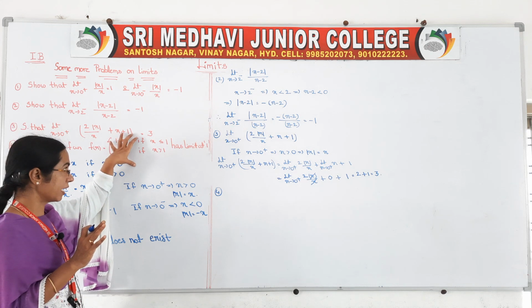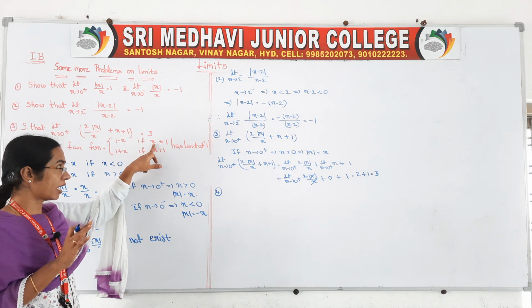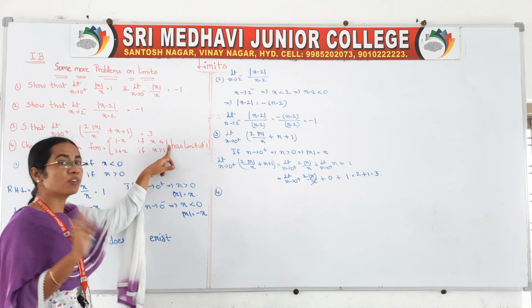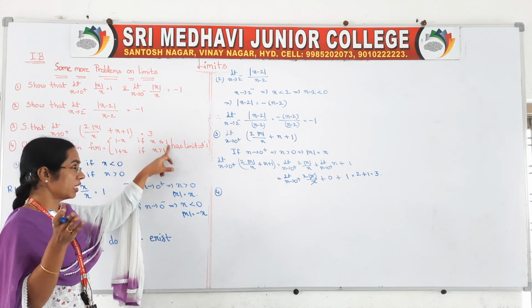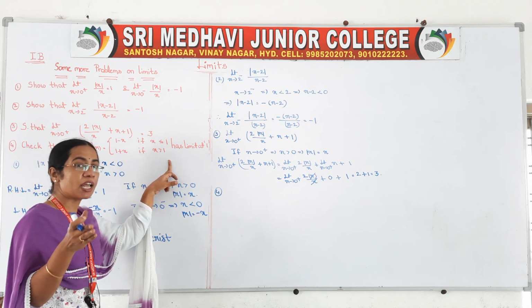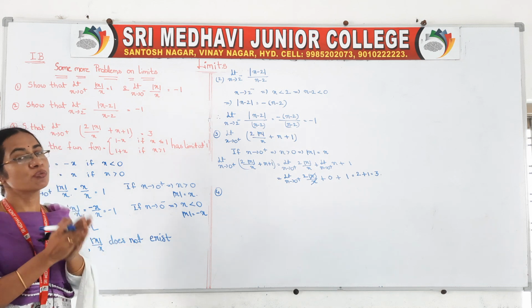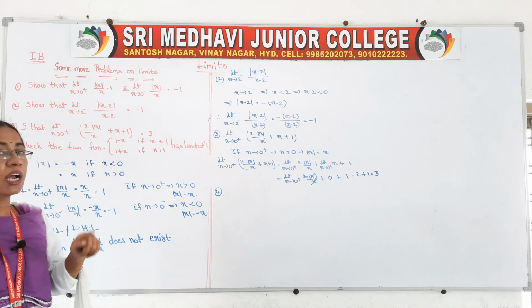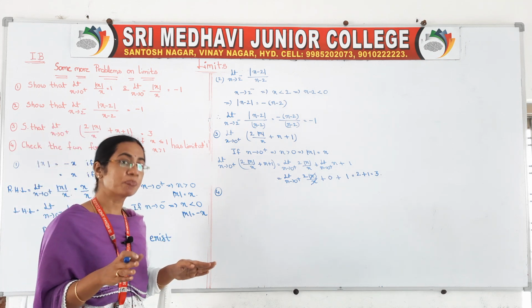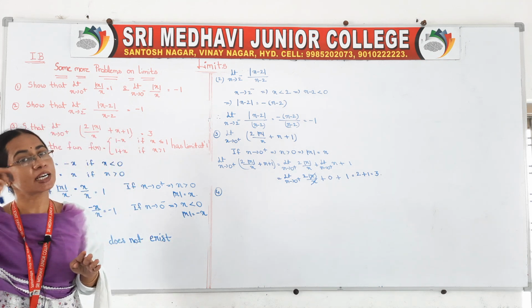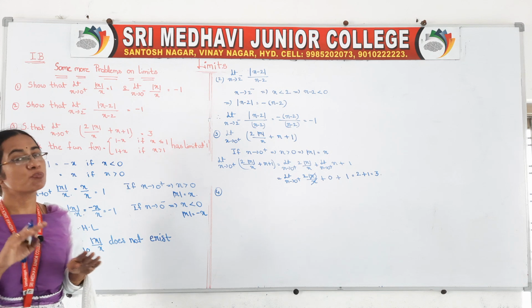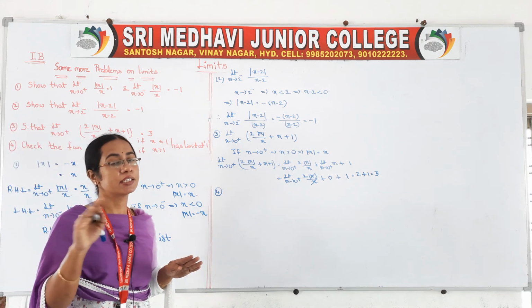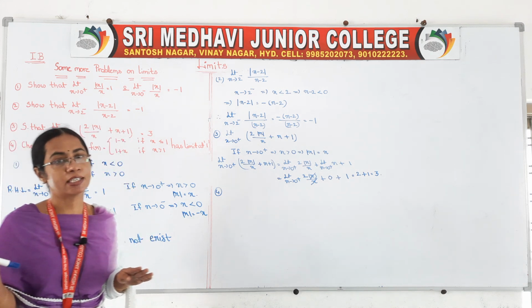Observe carefully, in any problem it is given like this: less than a value means left hand limit, greater than a value means right hand limit. So we have to find the left hand limit and right hand limit, and if both are the same, their value is nothing but the limit of that function. If both are not equal, then that limit does not exist.